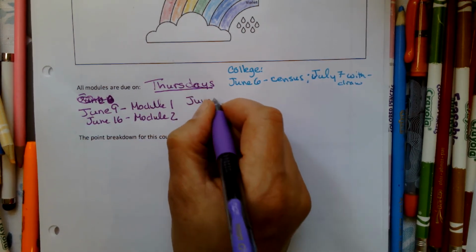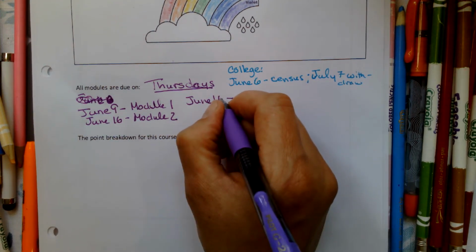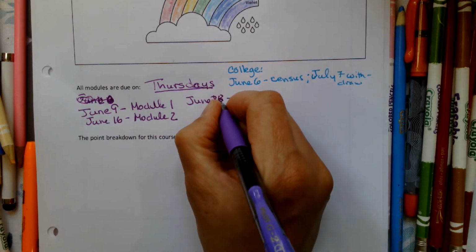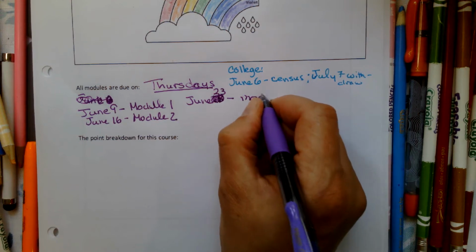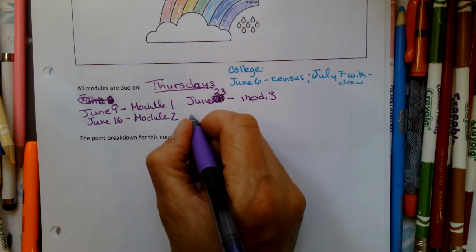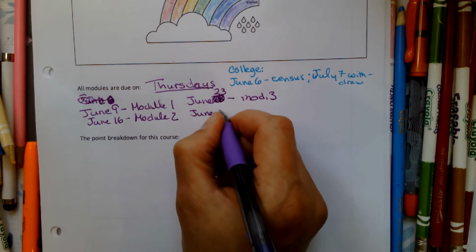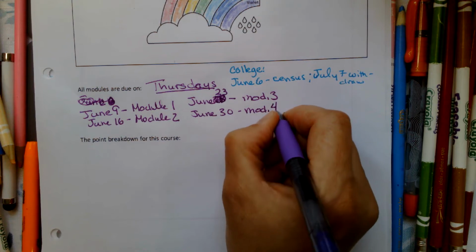June 23rd is module 3. And guess what? Seven days later on the next Thursday, June 30th is module 4.